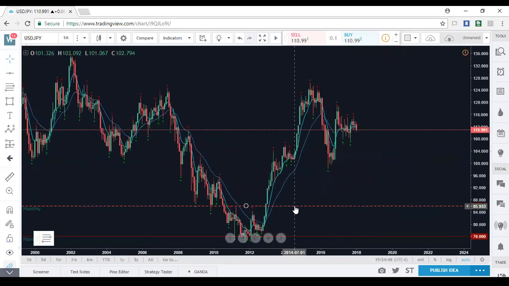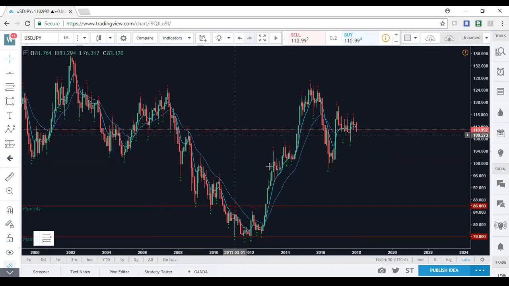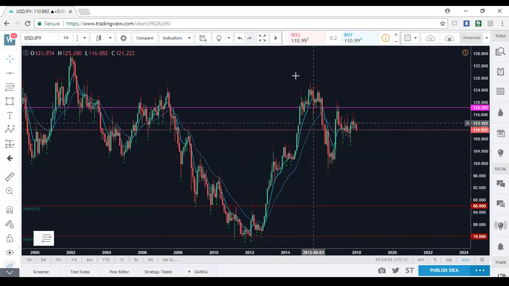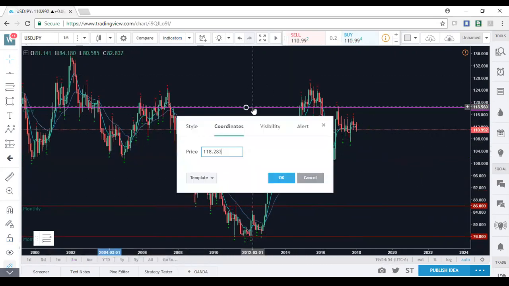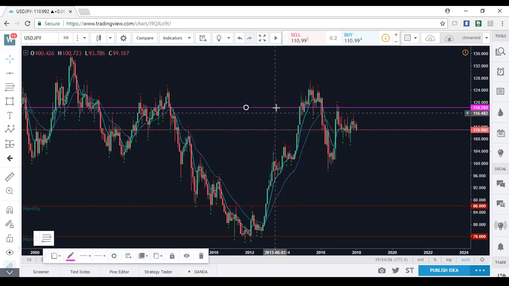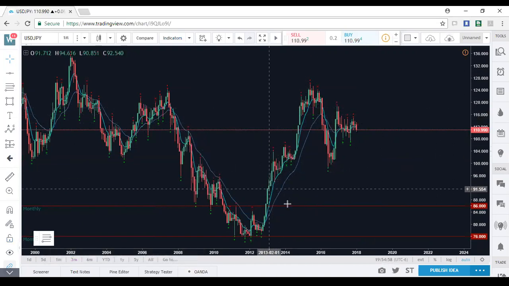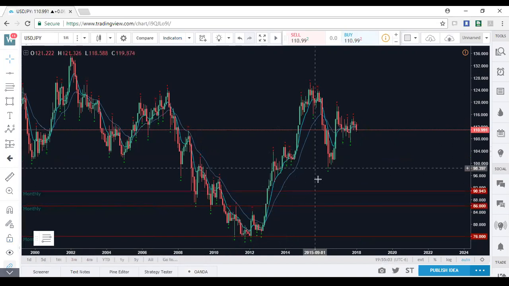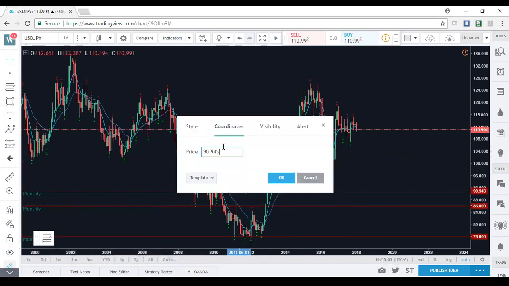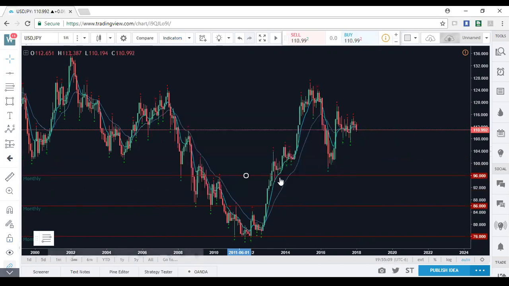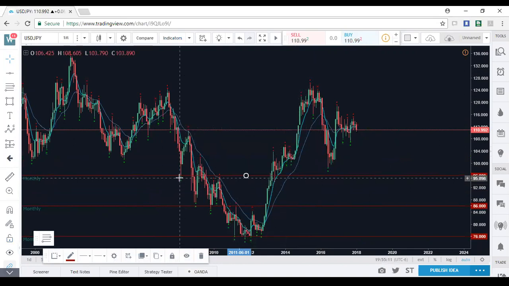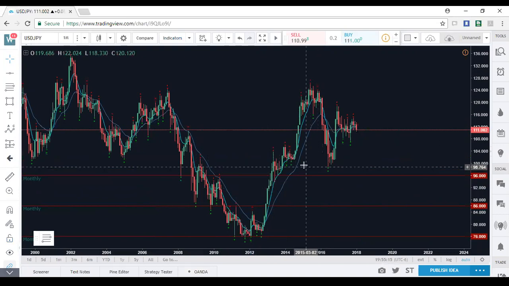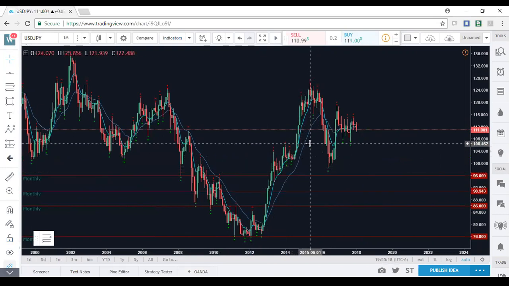So I can copy and paste again. Now I'm just going to go above to 96. Make sure price is respecting it as well. And then I can do 106.